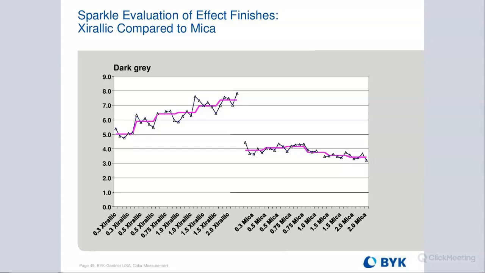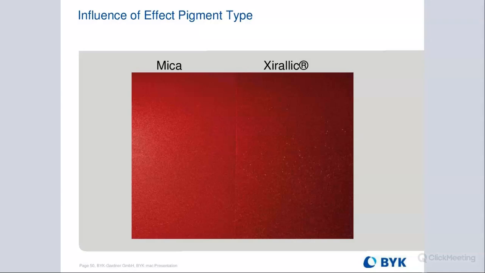Then some suppliers would change it to a mica because a mica would be cheaper, but the sparkle on a mica will never be as intense as the sparkle on a cerulean. Here are two panels. The one on the left is the mica panel, and the one on the right is the cerulean panel. You can really see a difference between these two panels. The color itself looks pretty good, but this flake is definitely different.